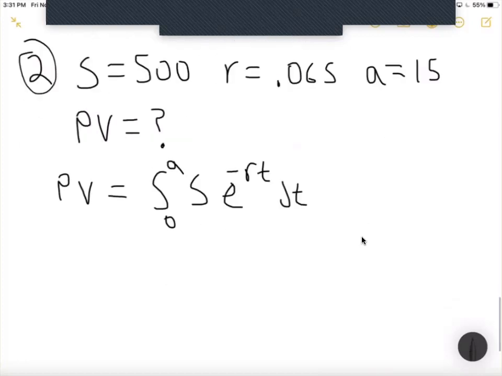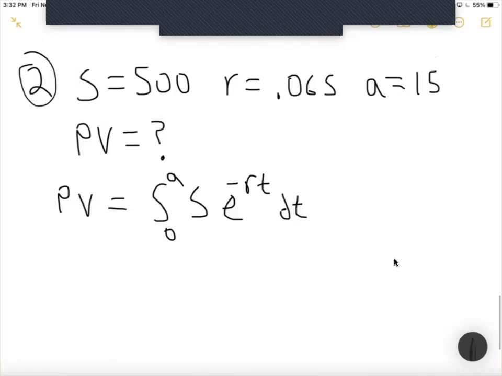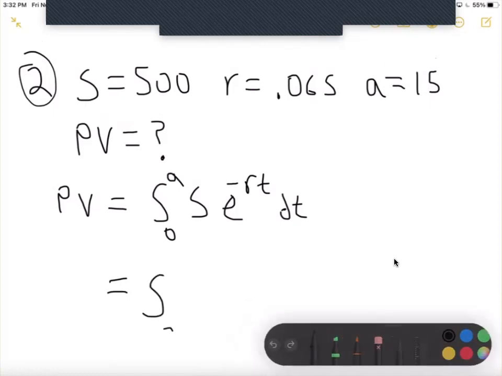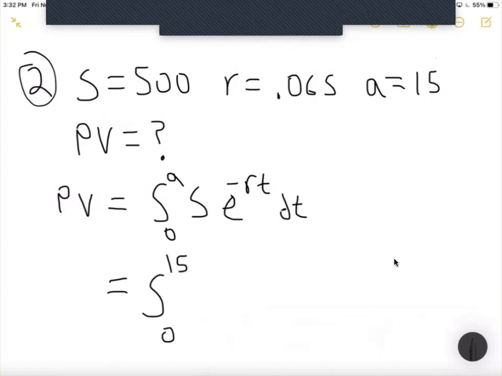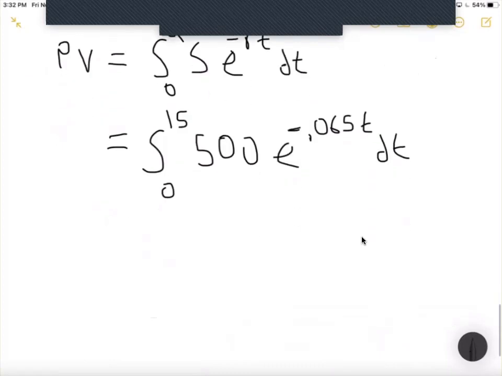And again, just like we talked about for the last example, we do not plug our time in for t. T represents all the time from 0 to a, so it represents all the years from 0 to 15, so we do not plug in for t. Instead, we plug that time value into our bound. So we're going from 0 to 15 of 500 e to the negative 0.065 t dt. And now we have our equation that will be relating income stream to present value.